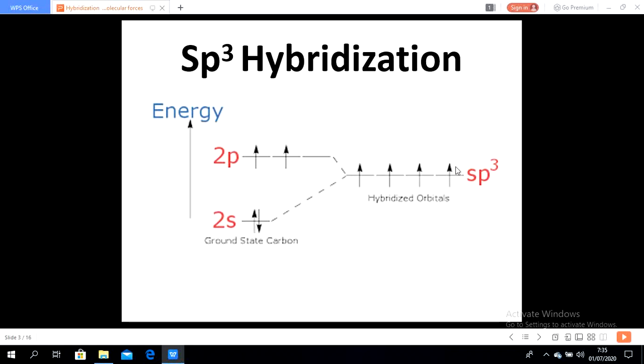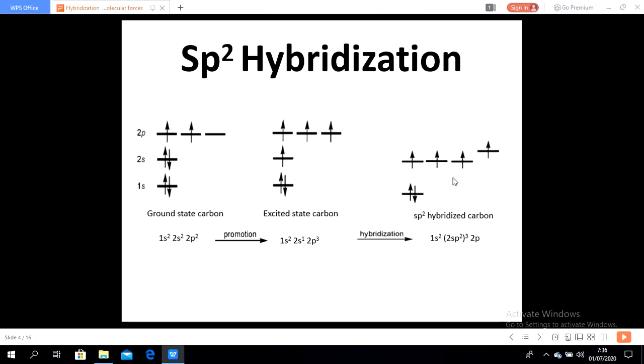Excited state, so it is called hybridized. Hybridized becomes sp3. There are 3: px, py, pz. sp3. Okay, and then sp2.